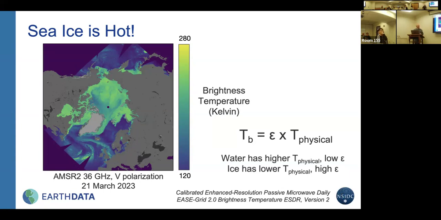Water's physical temperature is typically warmer than ice, but it has very low emissivity. It doesn't emit much energy. So the water brightness temperature is low, cold, at 36 gigahertz upwards of 120 to 140 Kelvin, whereas the ice shows up really nicely there, upwards of 250 to 280 Kelvin.